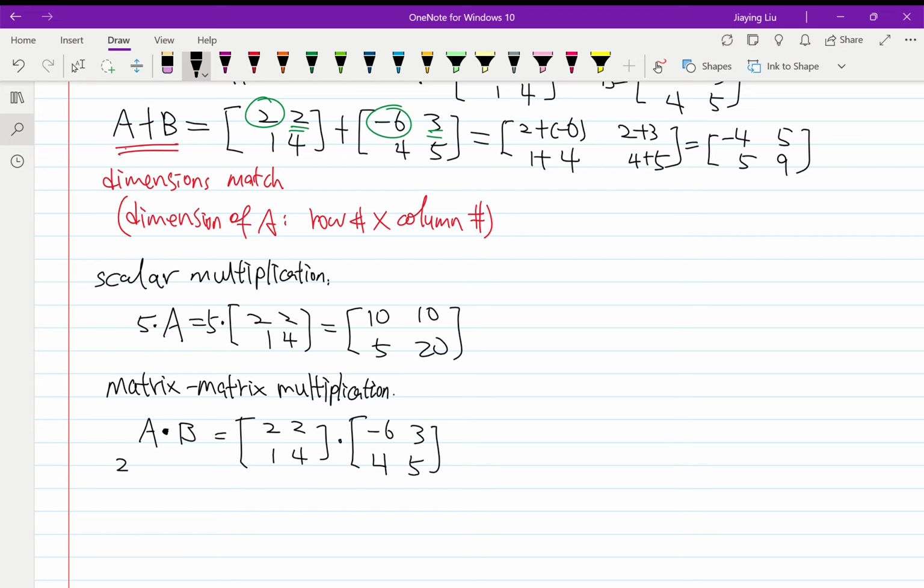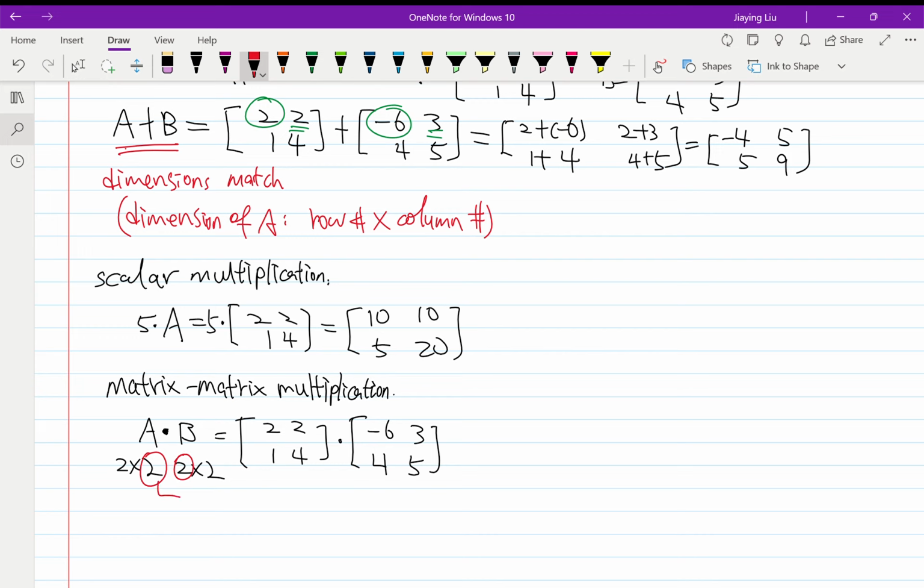So A we know is 2 by 2, B is also 2 by 2. By checking the dimensions, what I mean is that we have to look at the column number of A and the row number of B, so they're the same. Basically, if you list the dimensions side by side, you want the two numbers in the middle to be the same. So that's how we know we can multiply two matrices together.